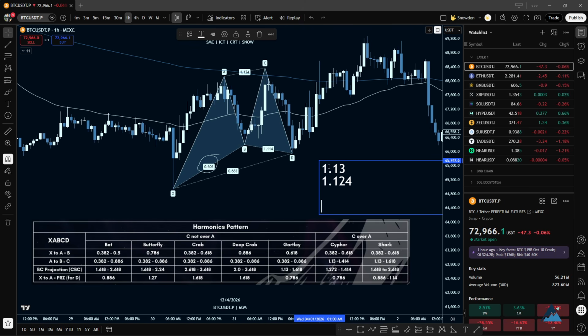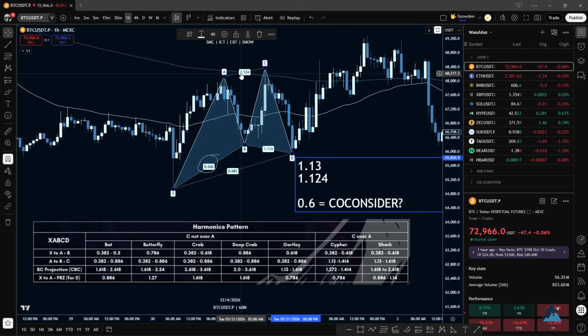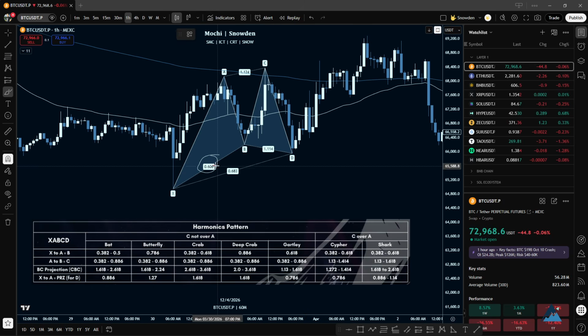There is a 0.006 difference. Now, it's up to you whether to consider it or not. Would you consider such a small deviation? You can. Both fit the B-leg. Since the difference from 1.13 is so small, it's fine to consider.